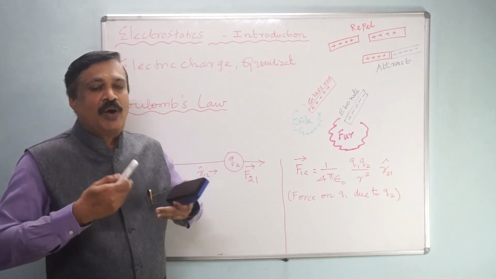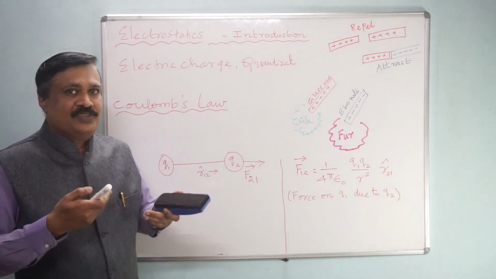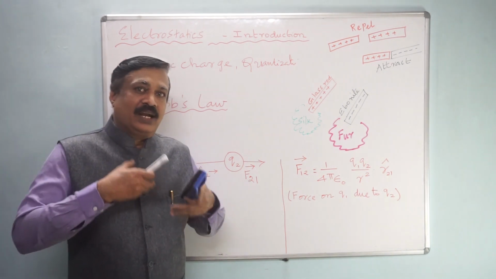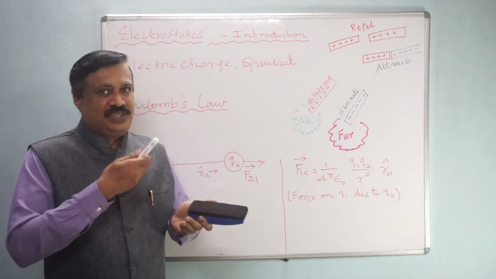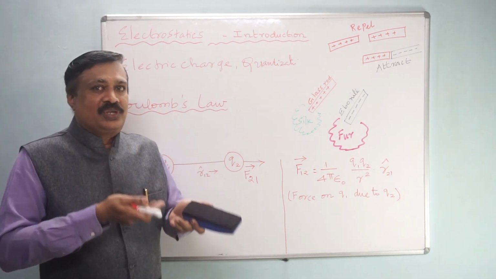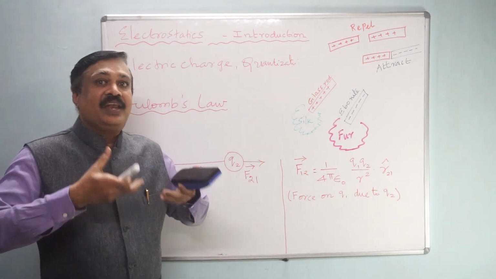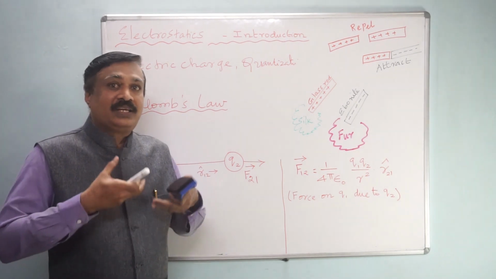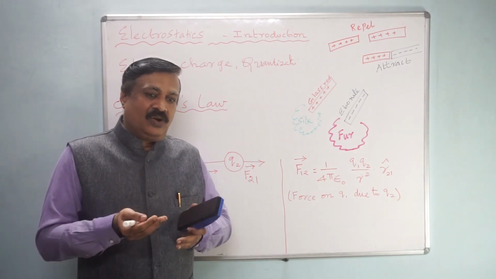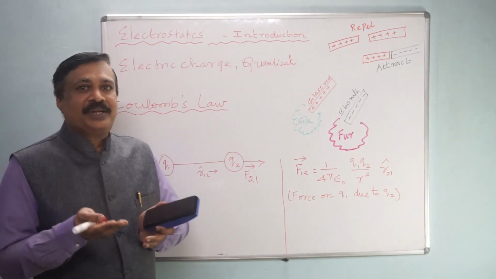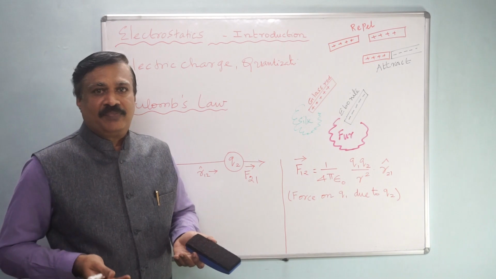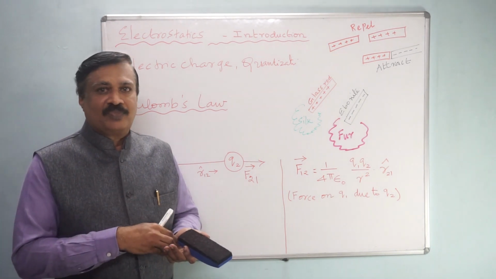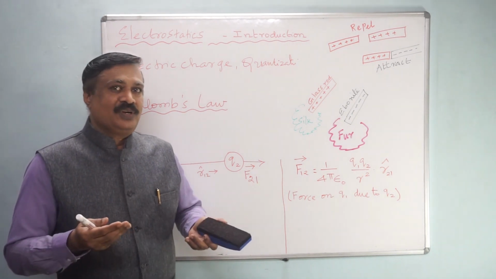Heat is a form of energy. Due to that work, energy is generated, and due to that energy, electrons gain energy. Due to that gaining of energy, electrons transfer from one material to another. Just like your papa is giving you 1000 rupees. Then what will you do?